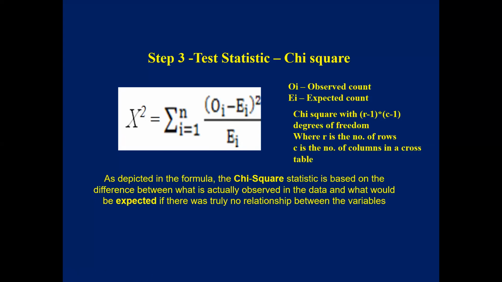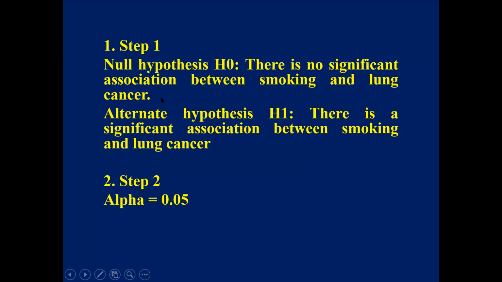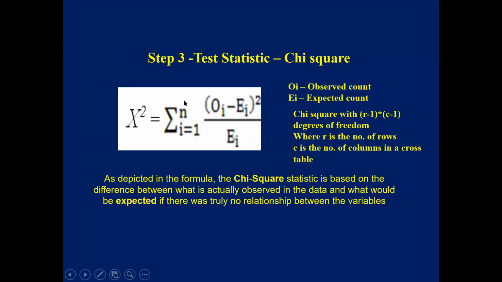As you can see in the formula, the chi-square test statistic is based on the difference between what is actually observed in the data and what would be expected if there was truly no relationship between the variables. That is why we are taking this expected frequency. So what is expected frequency? For example, here the hypothesis is that there is no association between lung cancer and smoking.